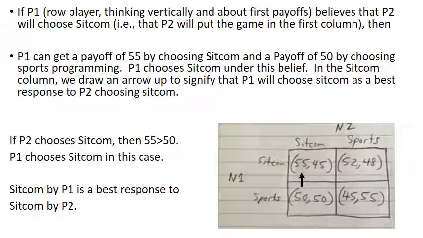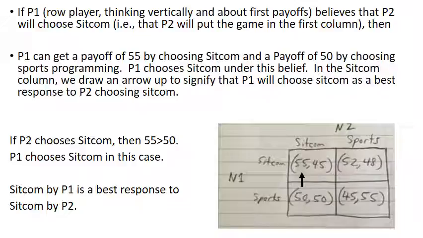Player 1 can get a payoff of 55 by choosing sitcom, or player 1 can get a payoff of 50 by choosing sports programming. Player 1 chooses sitcom under this belief because 55 is greater than 50.